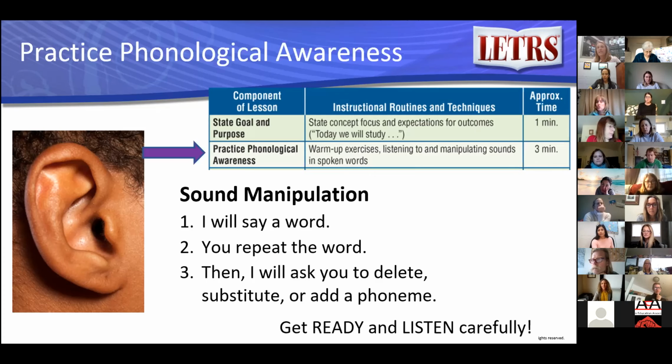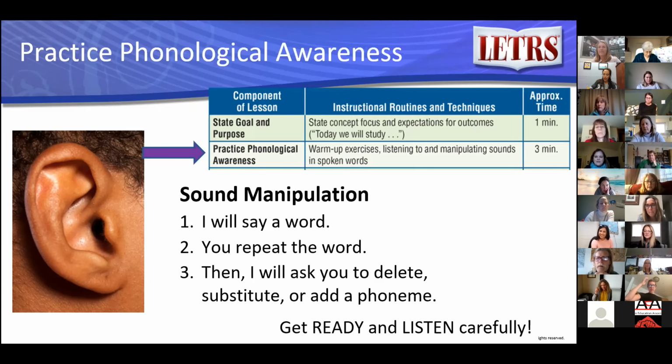Wash. Say cheap. Cheap. Change ch to j. Jeep. Say I'm. I'm. Add ch to the beginning of that. Chime. Say ought. Ought. To the beginning, add ch. Chought.